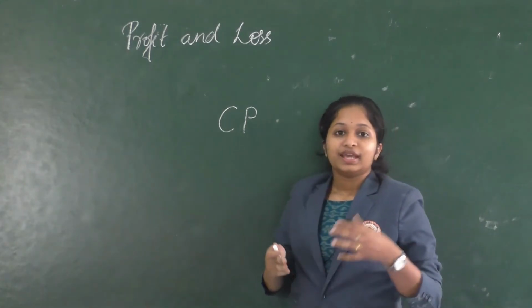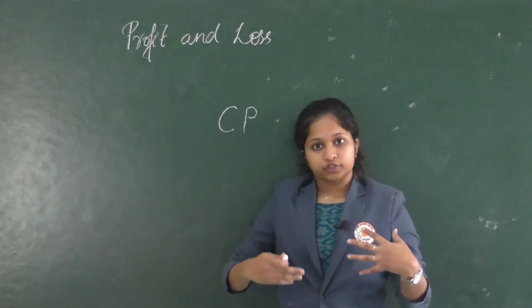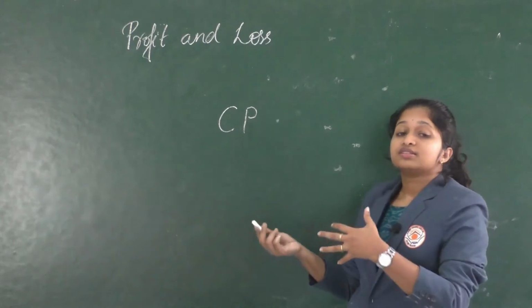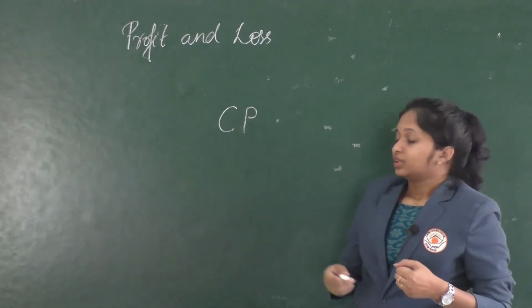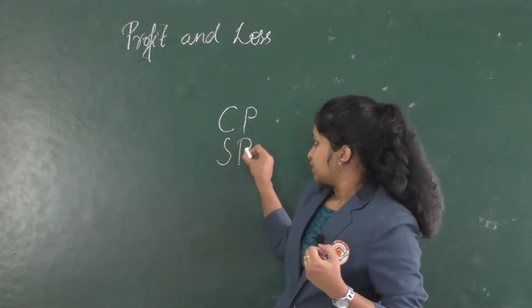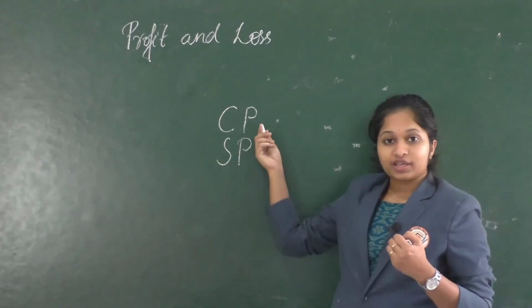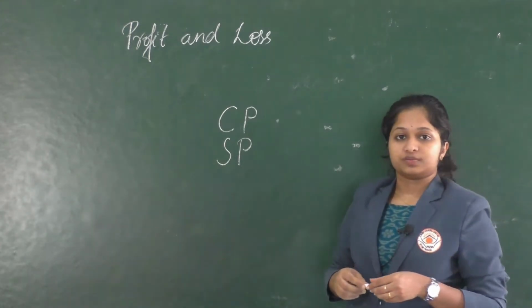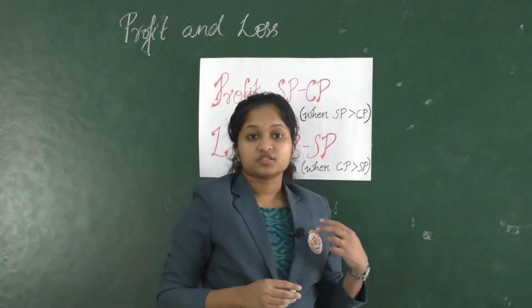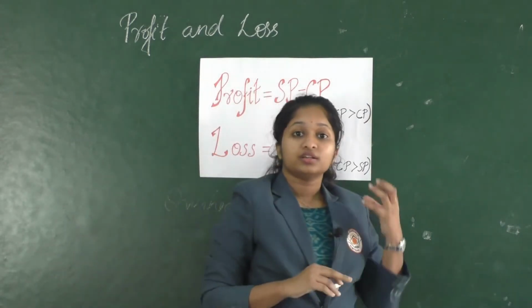Okay? And they buy and keep it in their shop, and we go and buy from the shopkeepers, and they sell it to us, and that price is called the selling price, which we can write as SP. So children, if the selling price is more than the cost price, then profit is made.